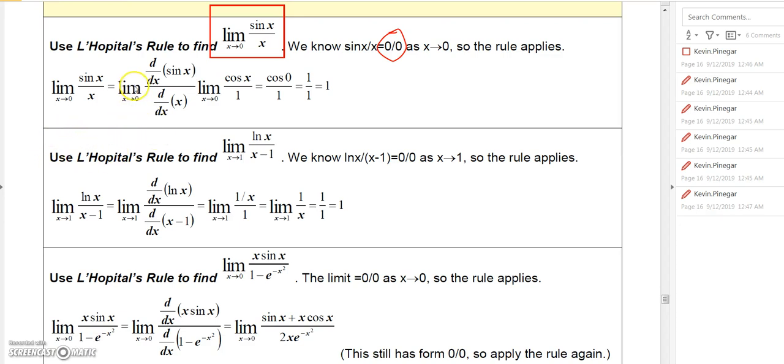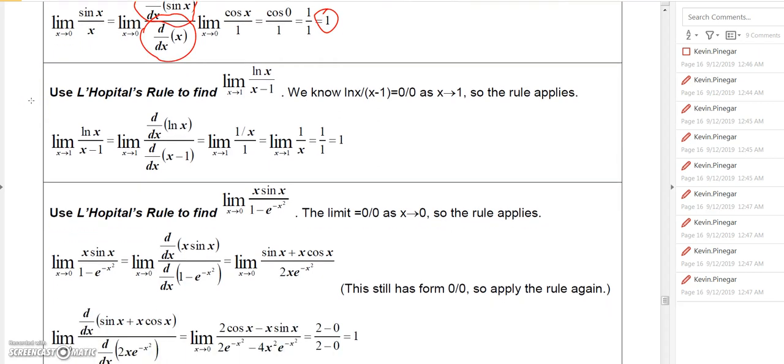All I have to do is take the derivative of the numerator, which gives me cosine x, and the derivative of the denominator, which gives me 1, and then evaluate the limit as x approaches 0 of this function. The limit of cosine x as x goes to 0 is cosine of 0, which is 1, so the answer is simply 1. That's how simple it is with L'Hopital's rule.